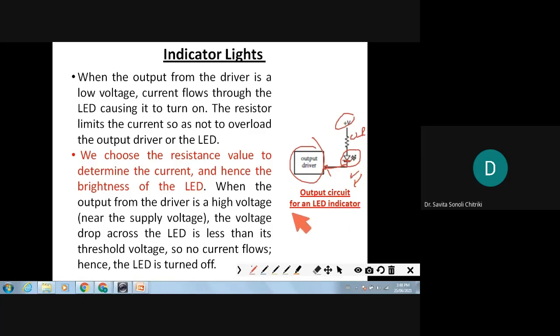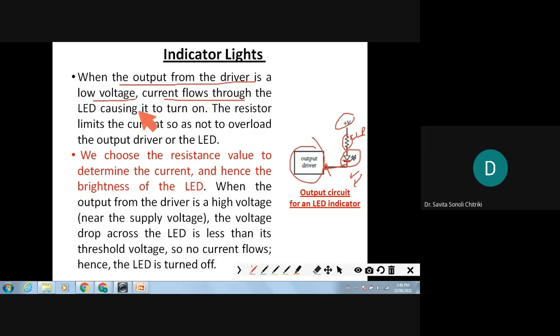So the output circuit for an LED indicator. So always we use the current limiting resistor there. Otherwise directly the high voltage whatever is coming, it might destroy your device. So that's why we always use the current limiting resistors. So when the output from the driver is in low voltage, that's why bubble is shown. So see here, the bubble is shown, that is low voltage.